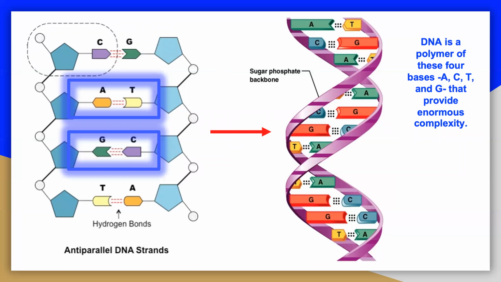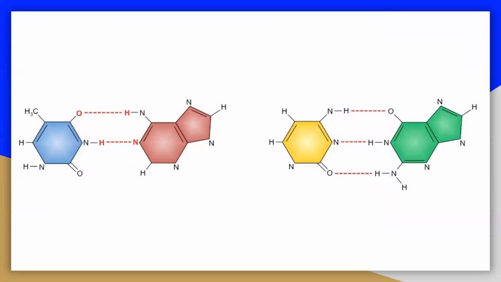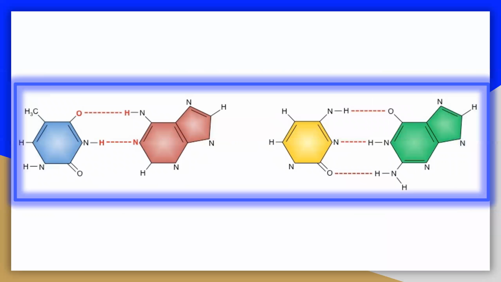In a DNA double helix, each type of nucleobase on one strand bonds with just one type of nucleobase on the other strand. This is called complementary base pairing, with adenine bonding only to thymine in two hydrogen bonds and cytosine bonding only to guanine in three hydrogen bonds.